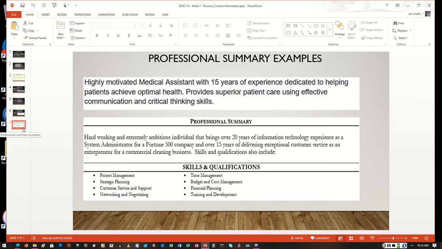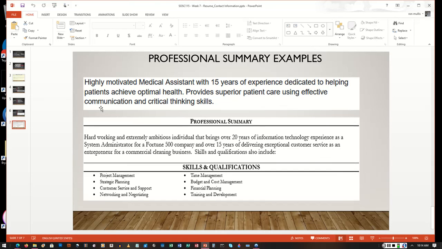They're highly motivated, and then it gives the position that they've worked in for up to 15 years. You see how many years of experience they have, and some of the skills that they have: communication and critical thinking skills. So right off the bat, I know that this person is more than likely trying to get a medical assistant position or something in the medical field.